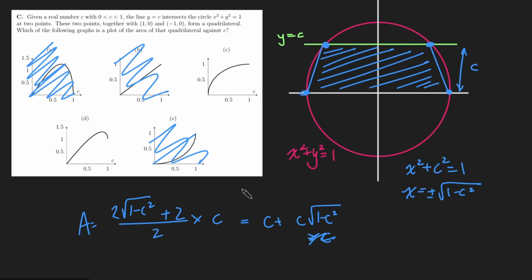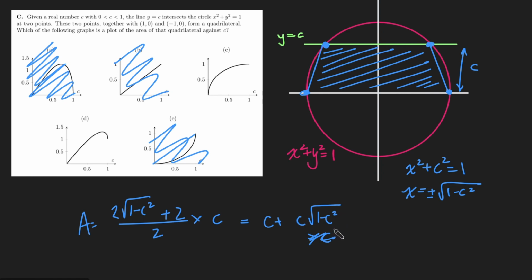However, for the MAT, you're not expected to know how to differentiate something like this. Although if you did know, you absolutely could use that, the solution I'm going to present doesn't require you to know how to differentiate the square root of 1 minus c squared.